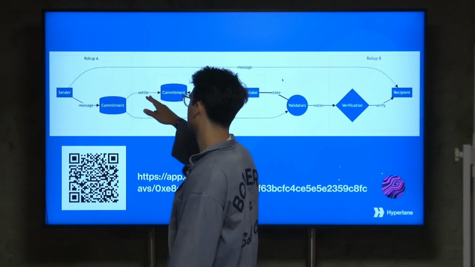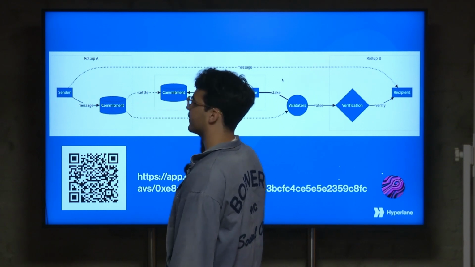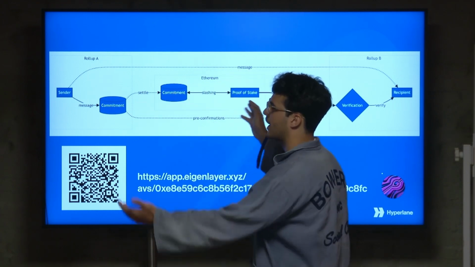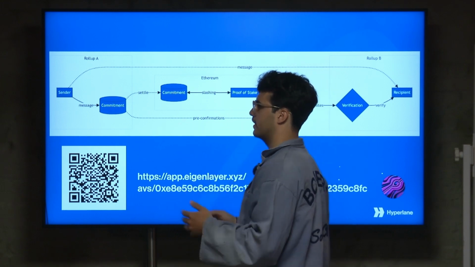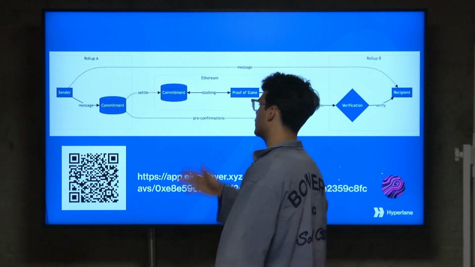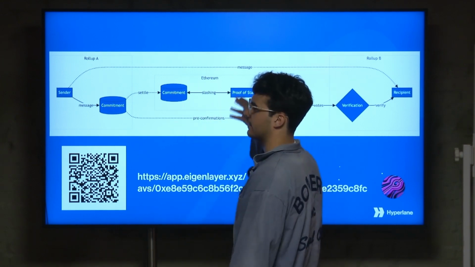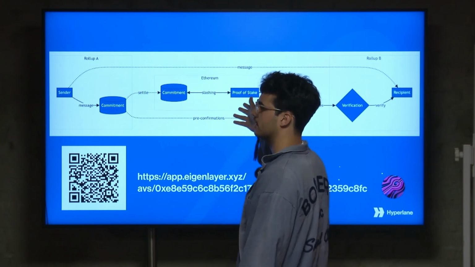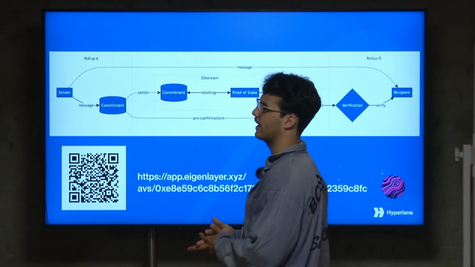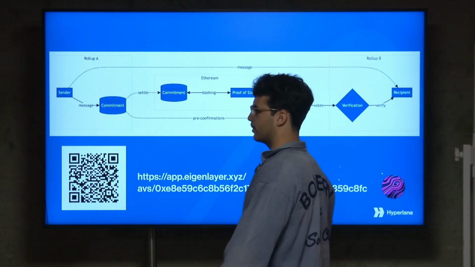So you're still settling to the L1, but you use interop to amortize the costs, such that not every user has to interact with the L1 collateral, but you can just amortize the settlement over an interop protocol.